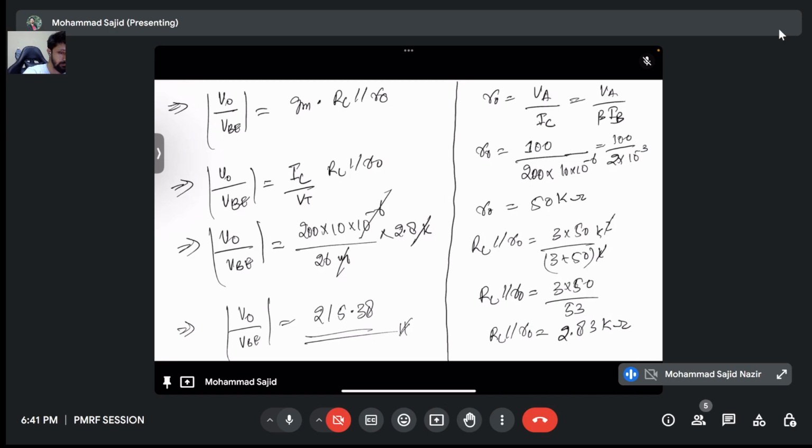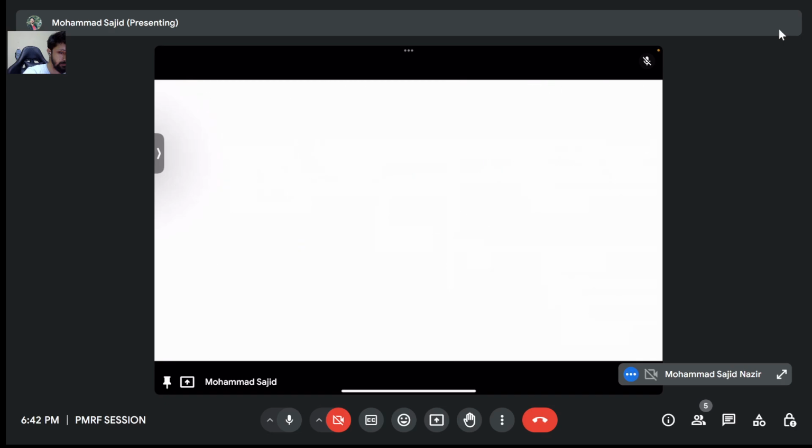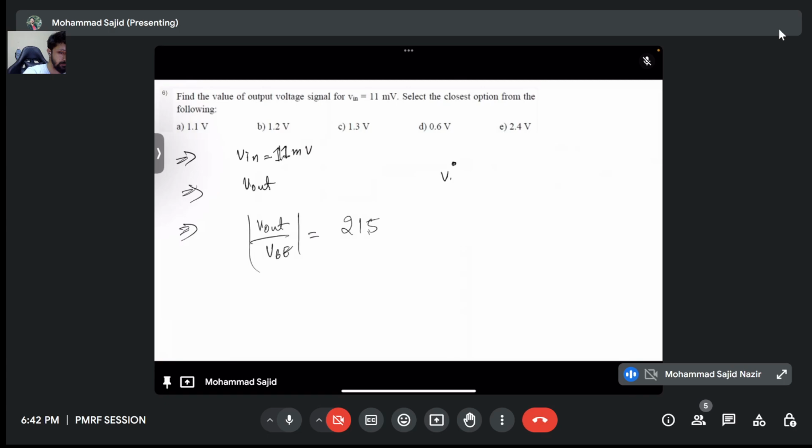Simple voltage divider, right? You have V in, some base resistance and some intrinsic device resistance. So this is your VBE.